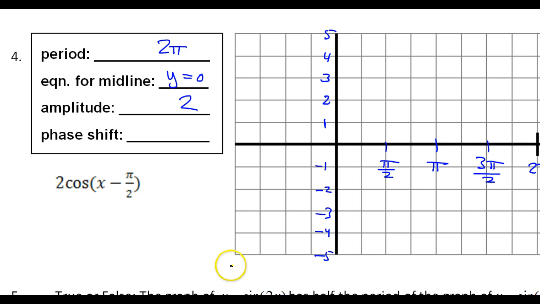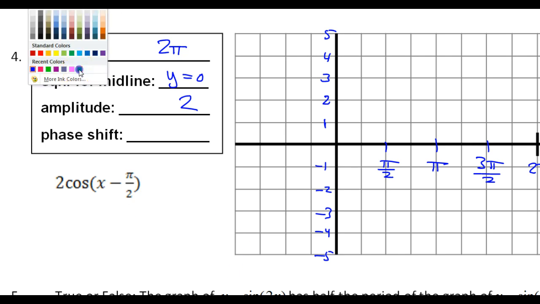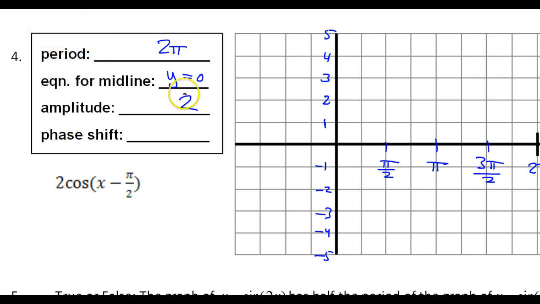Now there is a phase shift, so let's graph the skeleton. The skeleton comes from the information that we already have. This is a cosine function, which means it will start at the amplitude, not at the midline. Because it is positive, I know to start off up high, and then I'll go low.